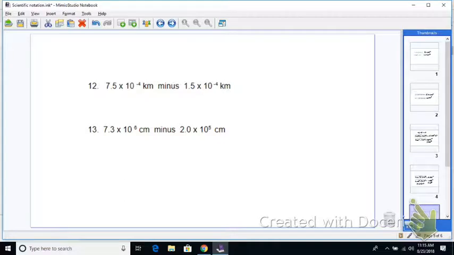If you add and subtract, so on this one, we're subtracting then. The exponents have to be the same when you subtract. If they're not the same, then you can't subtract. You have to get them the same. So on this first one, the exponents are the same, right? So all I do is take the first number and find what that's going to be.